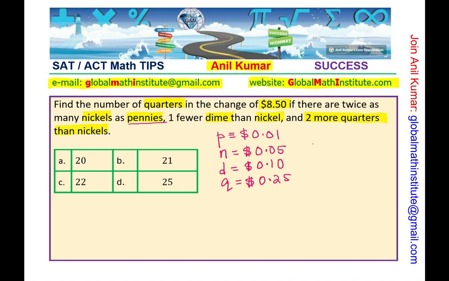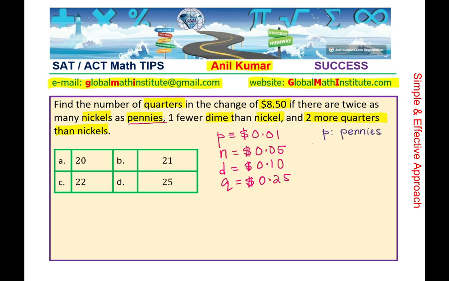Now let's try to understand the relation given in the question itself. It says there are twice as many nickels as pennies. So if we work with P as the number of pennies, then how many nickels are there? There are twice as many, so 2p nickels.